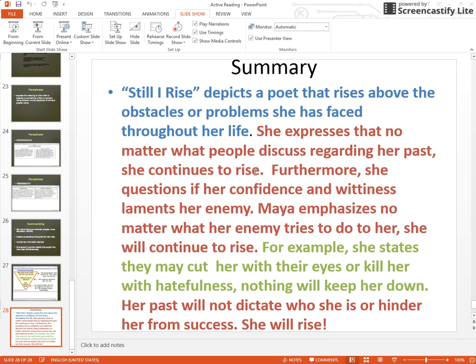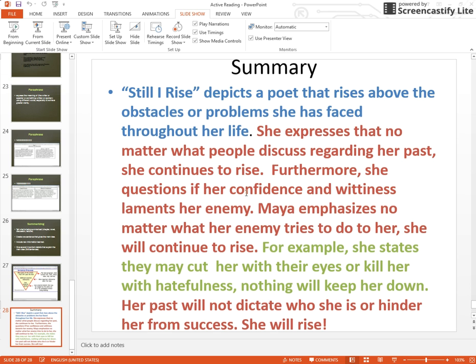Then in the red, more or less, you have your major points. And these are different points from the paragraphs or stanzas that the author addresses, okay? So again, it's different from paraphrasing. You have your main idea first, and then your major points, and then a specific example. So the major points are, she expresses that no matter what people discuss regarding her past, she continues to rise.